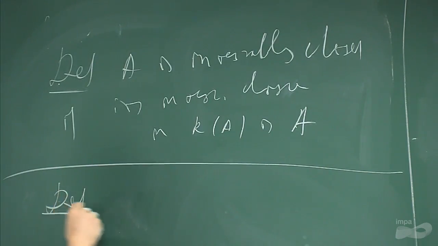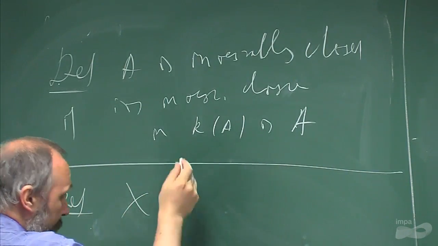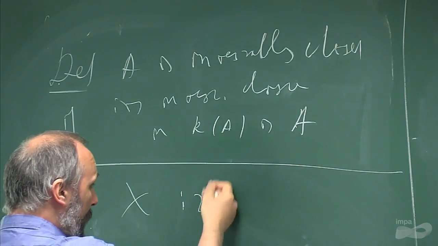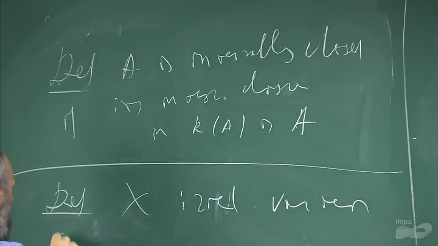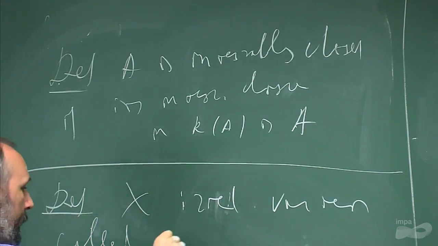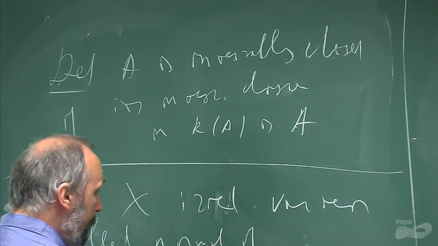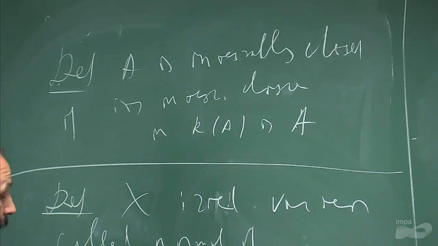So definition: suppose X is an irreducible variety. It is called normal if O_X is integrally closed.